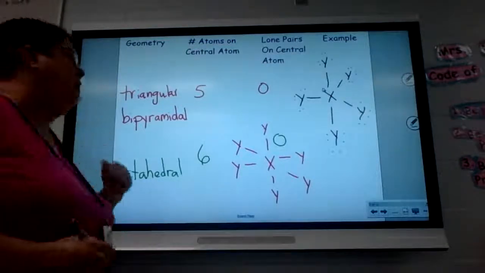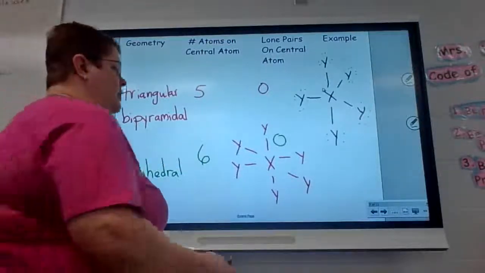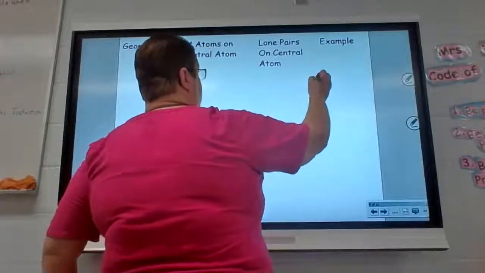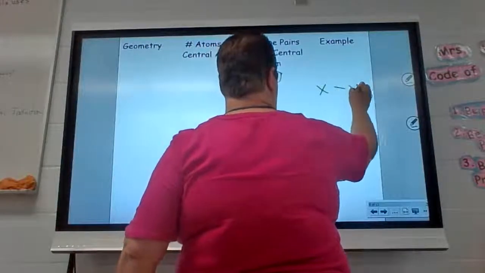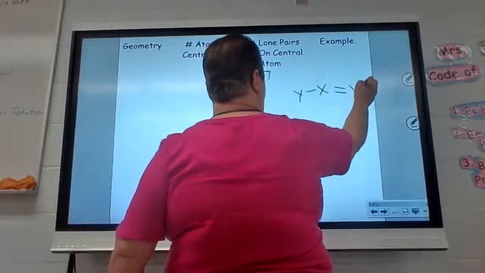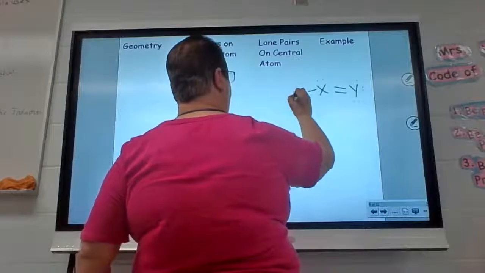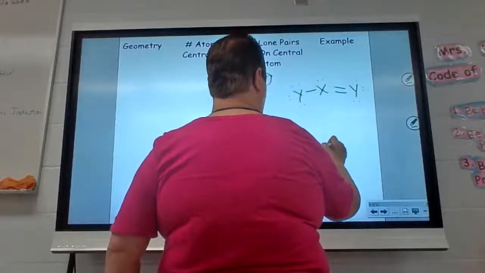Okay. Now, the last 3 geometries you have to know have to do with the lone pairs. So we're going to use X. Let's use water.